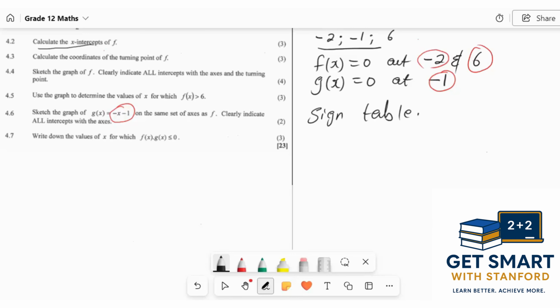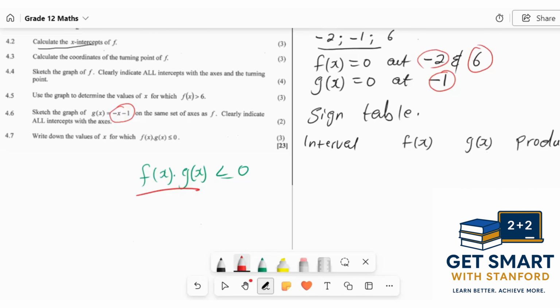Here we'll have interval, f of x, g of x, and the product. It's a product because remember they said f of x multiplied by g of x less or equals 0. So we get a product here because we are multiplying.